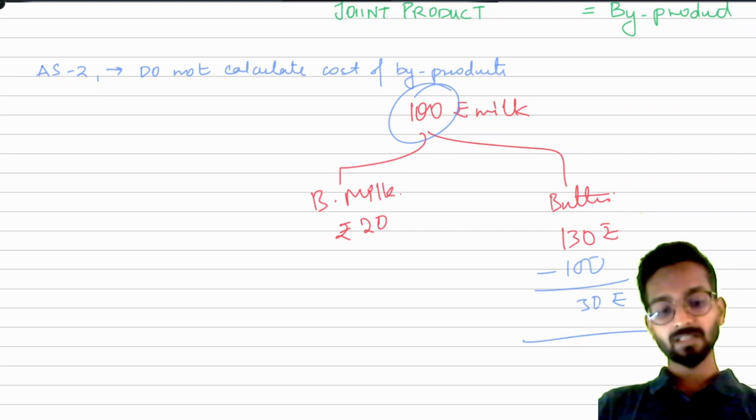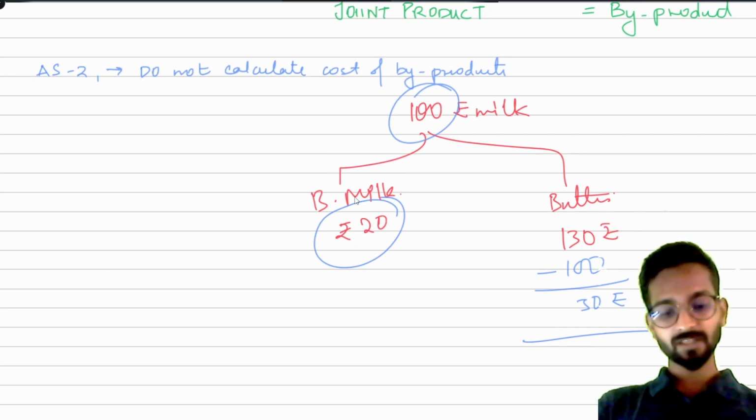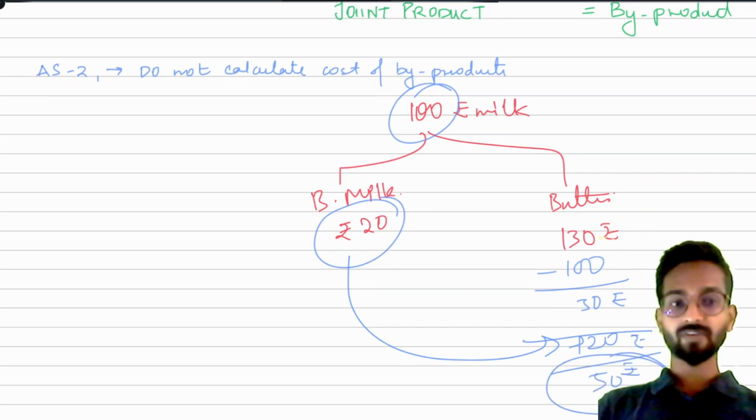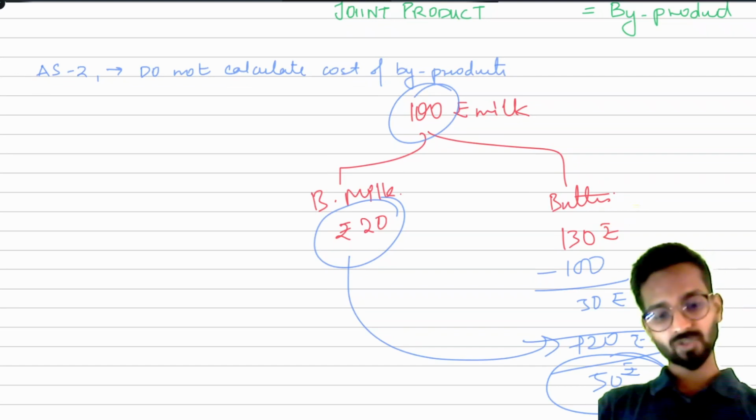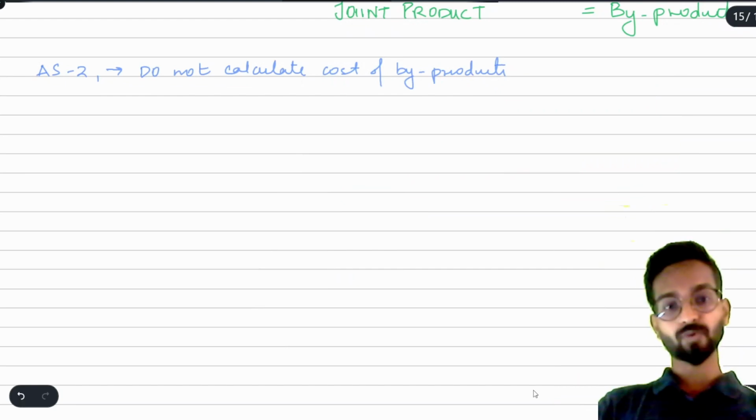But they are saying this 100 rupees, what you are spending now, has produced buttermilk also, and you sold the buttermilk for 20 rupees, so you can say you had an extra benefit of 20. This 20 you can add here and you will say that the total benefit you had was 50 rupees from selling the butter. Understood? So there is no need to allocate the 100 rupees cost to the 20 rupees. It means you are not supposed to calculate or bifurcate the cost with byproducts.